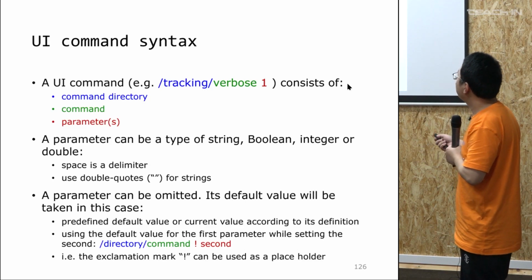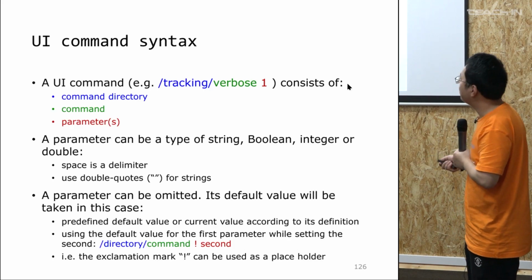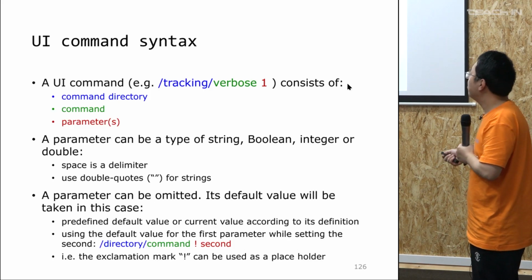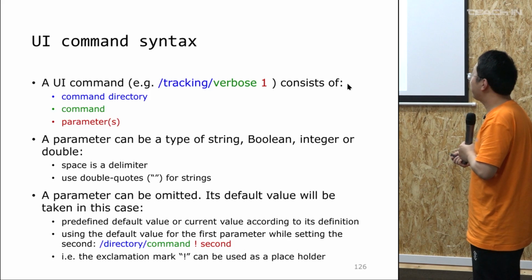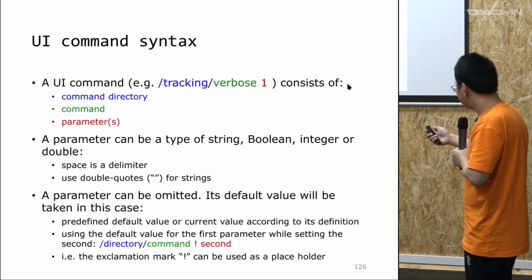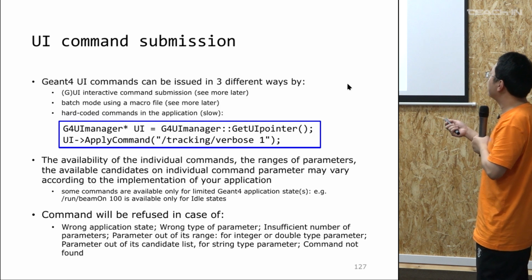The parameter could be a string, boolean, integer, double, or even float. Sometimes a parameter can be omitted, and then the default value will be used. This is just some example.